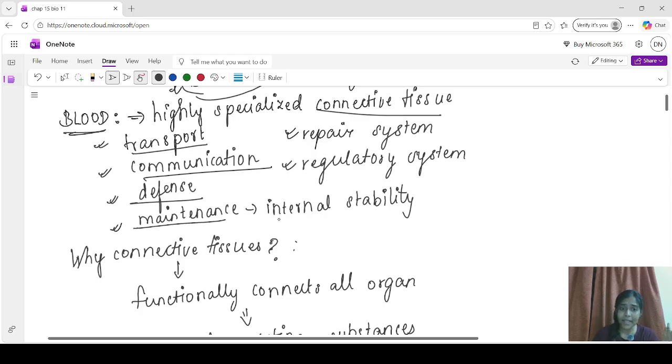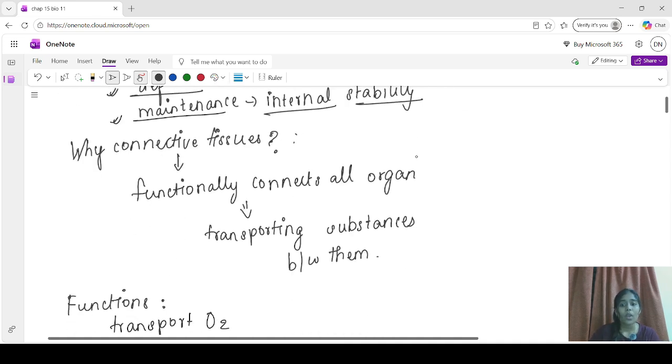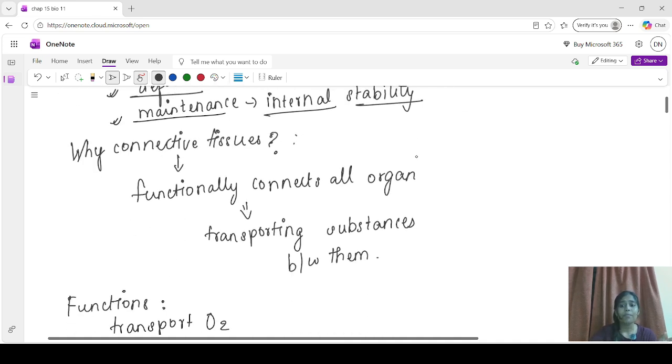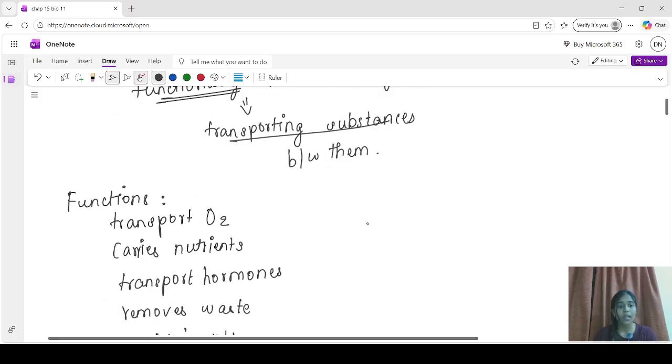The blood maintains the internal stability along with the repair system and regulatory system. We will see all of these in a detailed manner in the upcoming topics. Why connective tissue? Because it connects all the organs functionally. How does it connect all the organs functionally? By transporting substances between them.